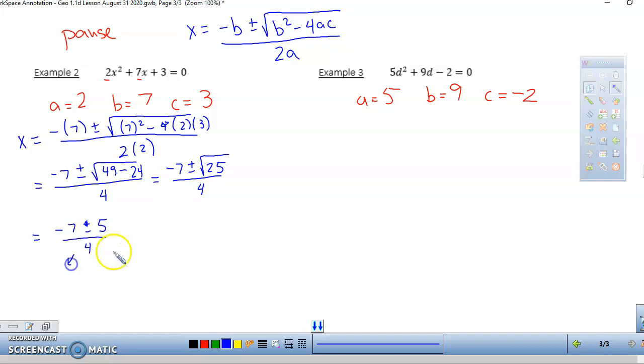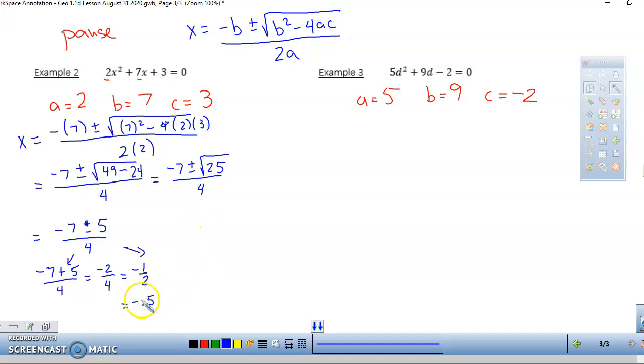And then you're going to split it up into 2 different expressions. So -7 plus 5 over 4. So -7 plus 5 is -2 over 4. You can put that in your calculator to get a decimal, or you can reduce the fraction. It's -1/2. If you put it in your calculator, it'd be -0.5.